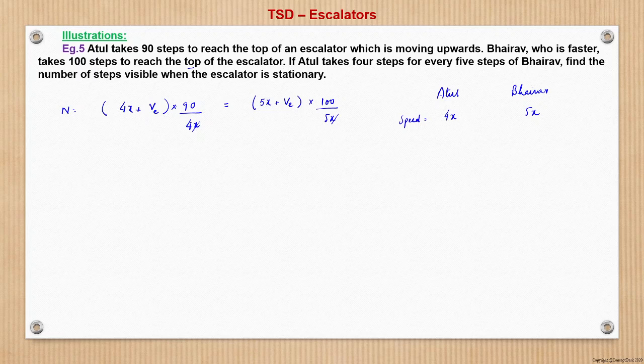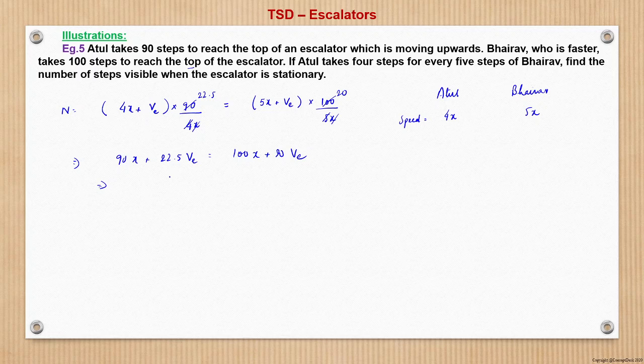Right. So here it is 22.5 and here it is 20. So now let us see what this gives. Let's solve. This becomes 90x plus 22.5 VE is equal to 100x plus 20 VE.